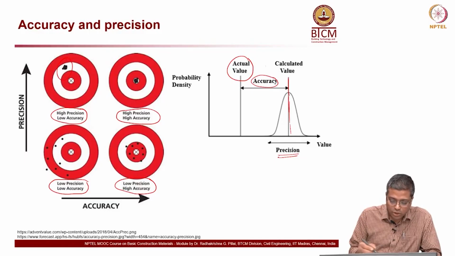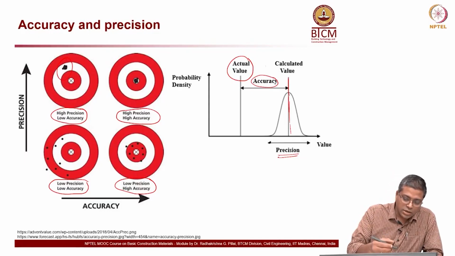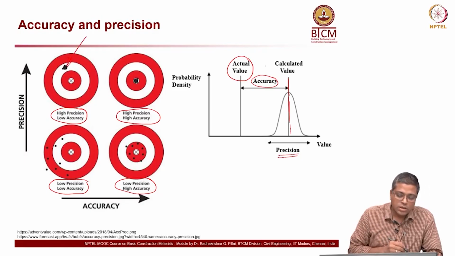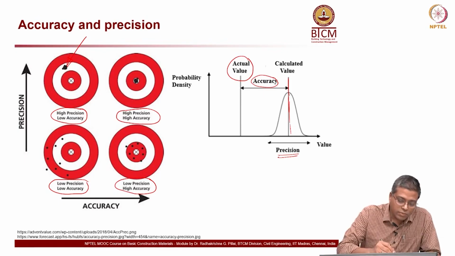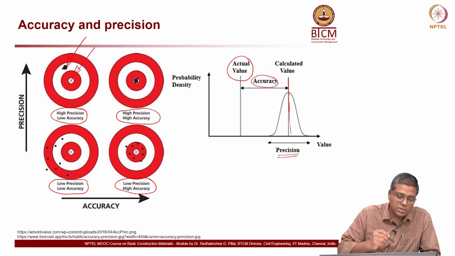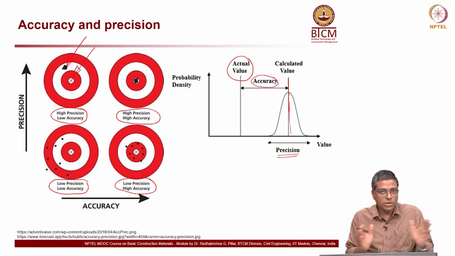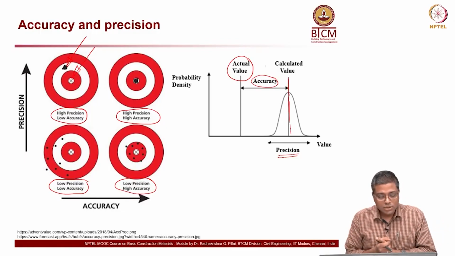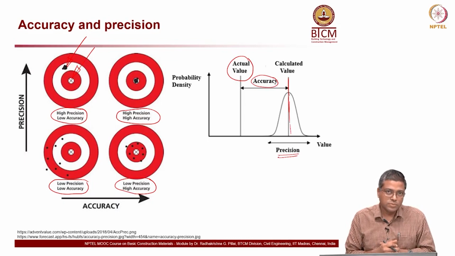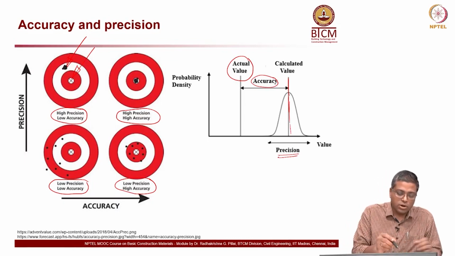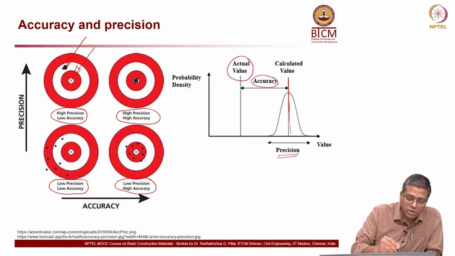If you look at the one on the top left, the mean of that is very much away from the center point. So, it is widely separated, so it is not accurate, but the precision is very good, because if I draw a graph like the PDF on this, it will come out very close like this.